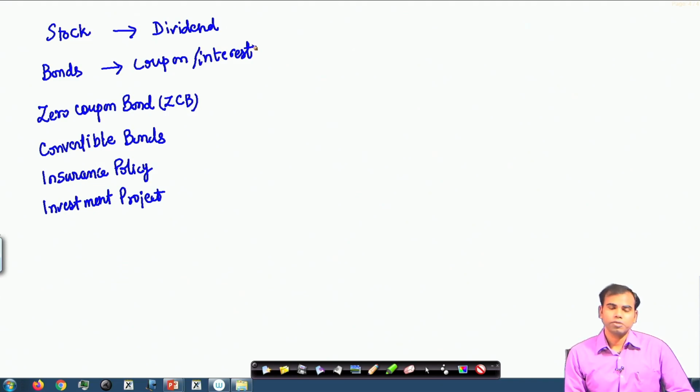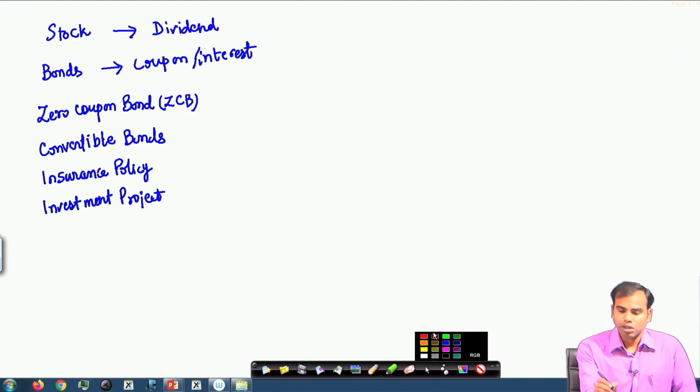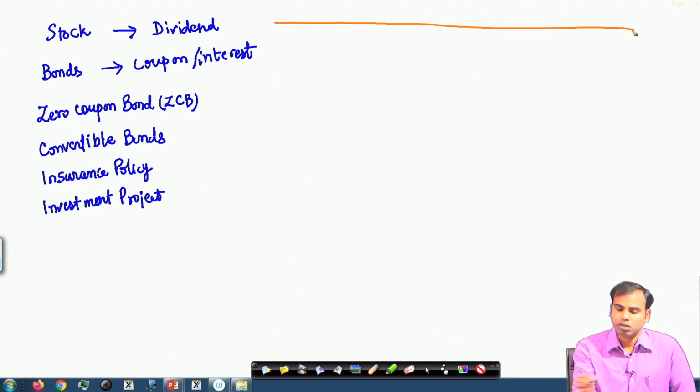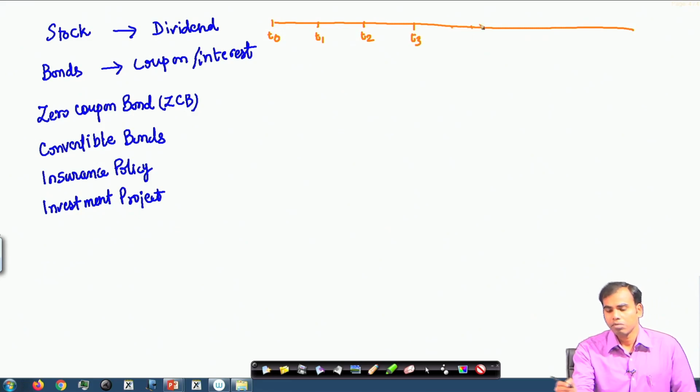So, if we try to explain the unique features of these financial securities, we can show them in terms of a timeline. If you have a dividend, you typically invest some money today, and every period you are expecting some return.